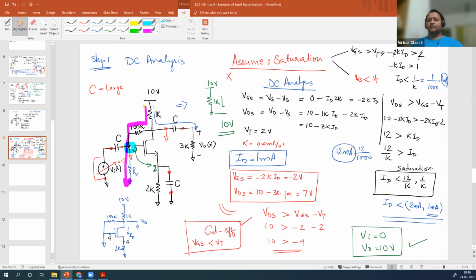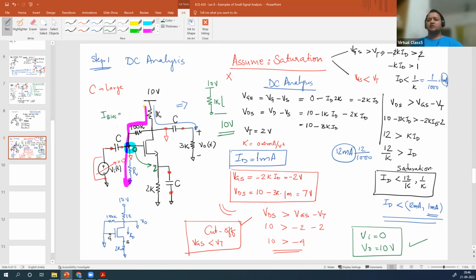Now, what is this DC voltage directly related to? The current flowing through this path. How much is the current? You can call it the bias current.